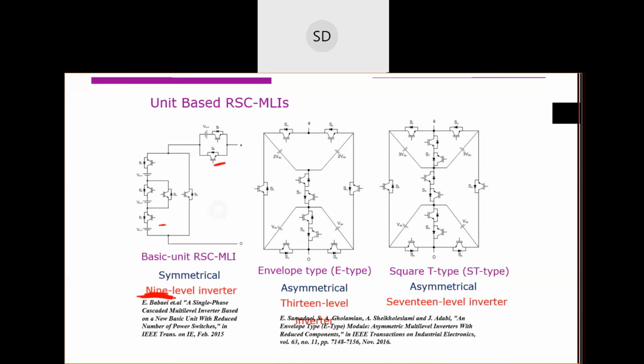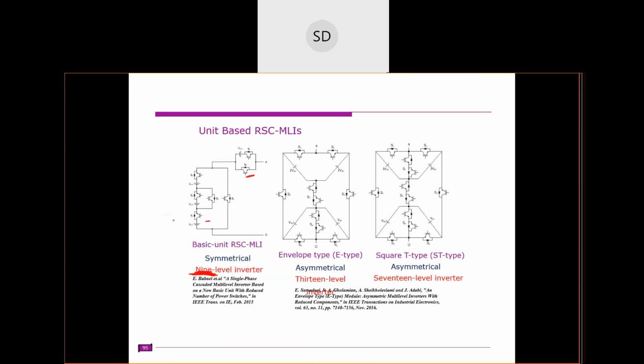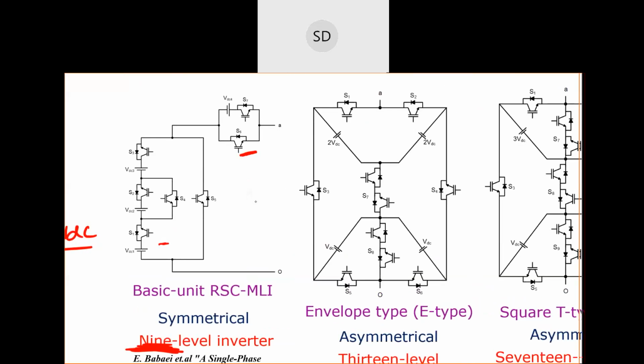Here, in this entire thing, you have 4 DC sources. If you assume all are VDC, you can actually get these 9 levels. The maximum voltage is supposed to be 4 VDC. To obtain 4 VDC, which switches do you need to turn on?